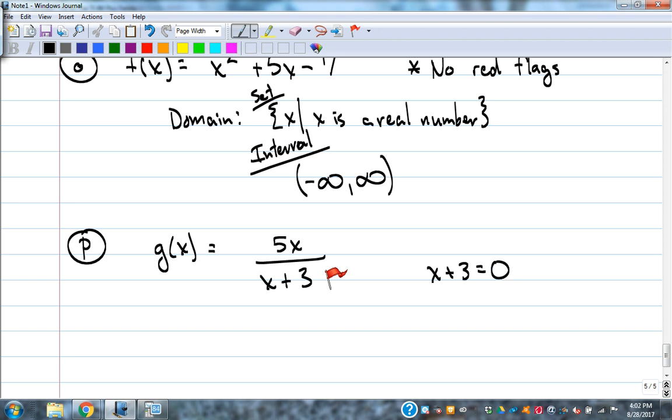Better math question is, when is x plus 3 equal to 0? At negative 3, just by solving that equation. When x is negative 3, we got a problem.